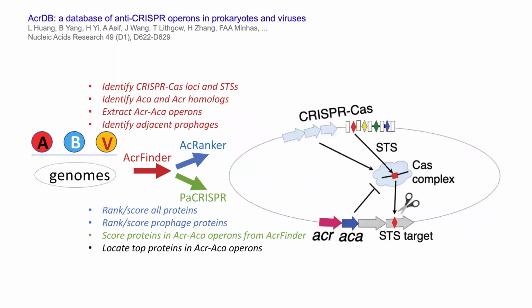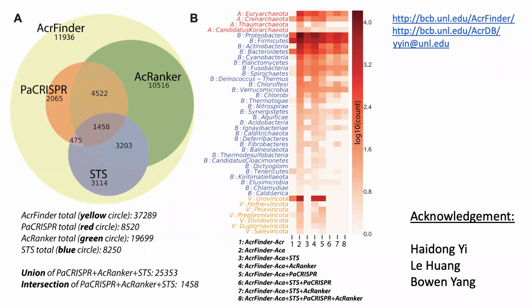Last year we combined AcrFinder, AcrRanker, and PaCRISPR to identify ACR-ACA operons in tens of thousands of prokaryotic and phage genomes. The workflow starts with AcrFinder, and the resulting operons are further processed by AcrRanker and PaCRISPR, and also STS to remove false positives. So we have generated data sets with different confidence levels.